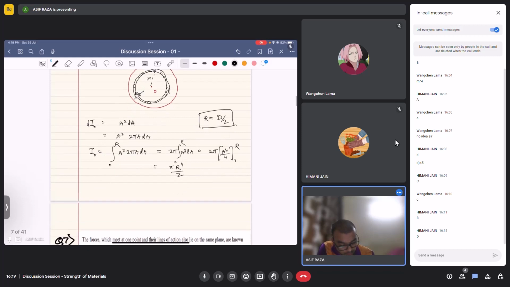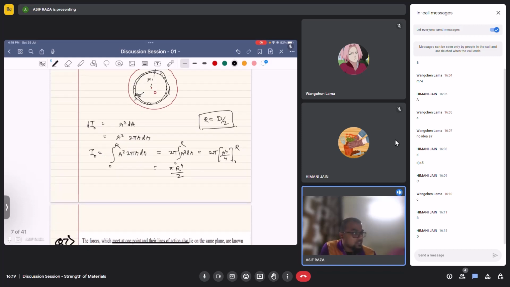So this is the answer. In terms of d, substitute d by 2 here: 2 to the 4 is 16. This would be equal to pi d4 upon 32.